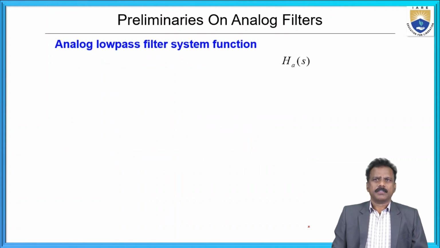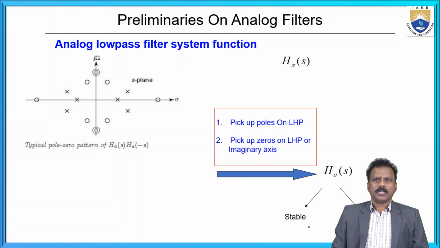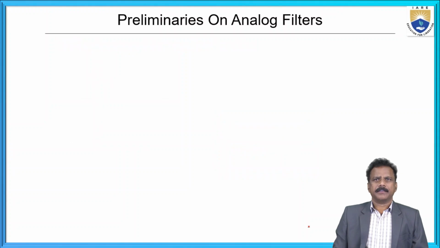The poles and zeros will be observed in the s plane, with sigma and j omega and so on. We'll see this in depth after this. Here we pick poles on the left half plane and zeros on the left half plane or imaginary axis for Ha(s), where Ha(s) may be stable or unstable, which you can decide.